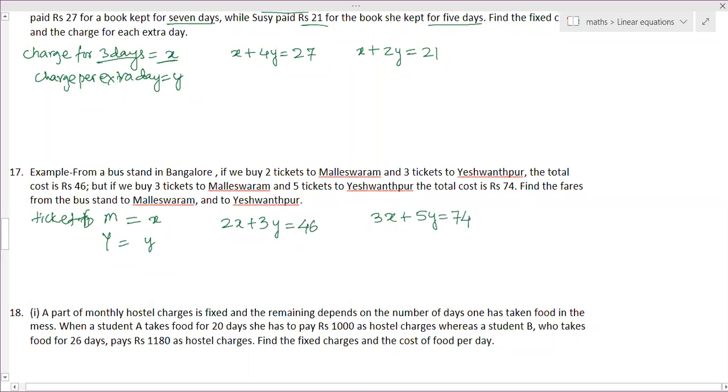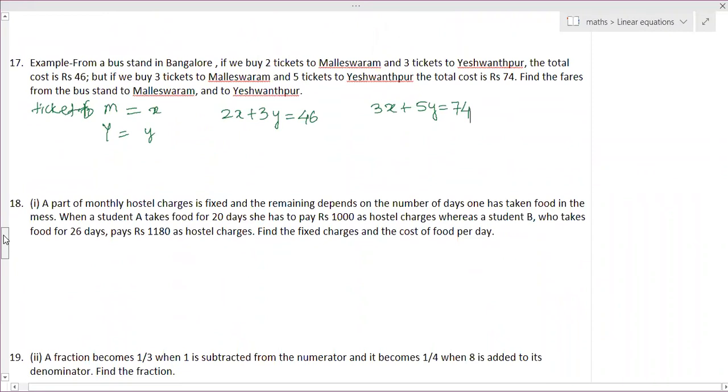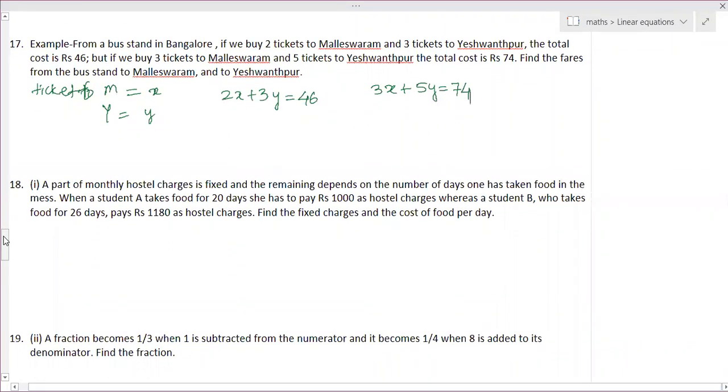Solve these two equations. Y, that is Yashwantpur, is rupees 10, and X, that is Malleshwaram, is rupees 8. Yes, right.